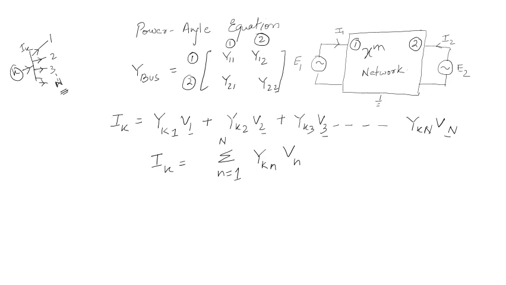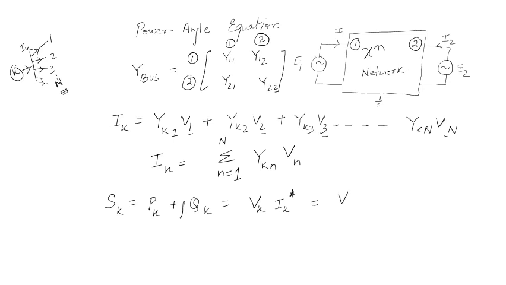Now Ik in this equation is Yk1 V1, Yk2 V2, Yk3 V3, and so on up to Ykn Vn. Next, if I want to define the apparent power at the kth bus, apparent power is nothing but Pk plus jQk, right? And this is Vk and Ik star, which is what we use in the power equation.